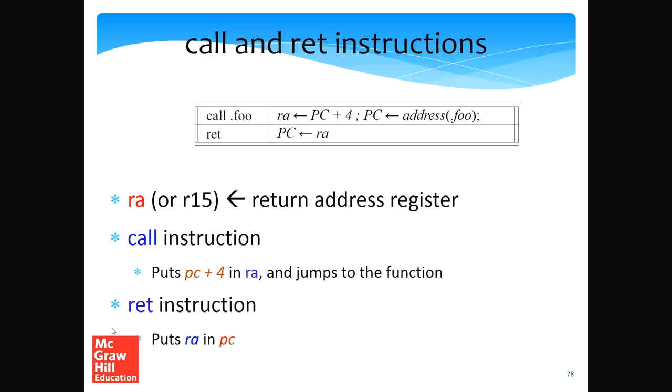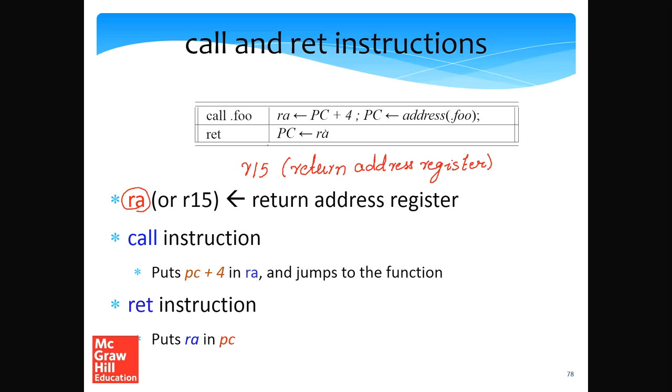There are similar concepts in ARM and x86, as we shall see in the next two chapters. Let us designate the 15th register, R15, as the return address register. We'll also refer to this register as RA or R15 interchangeably.